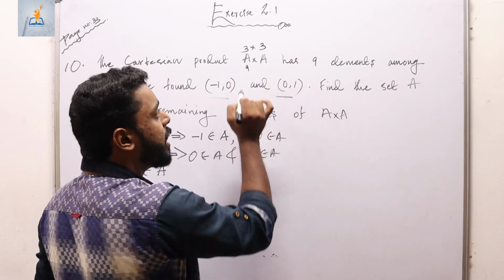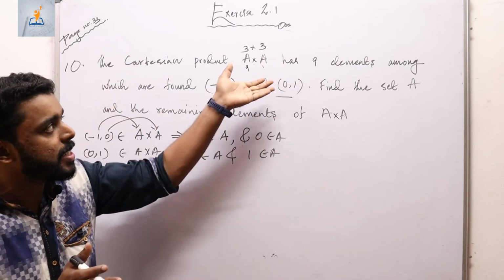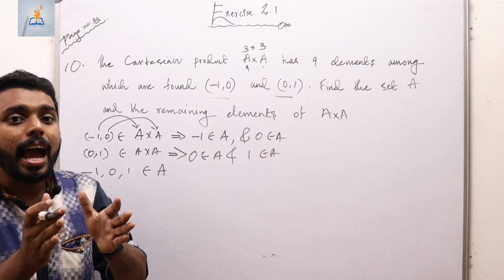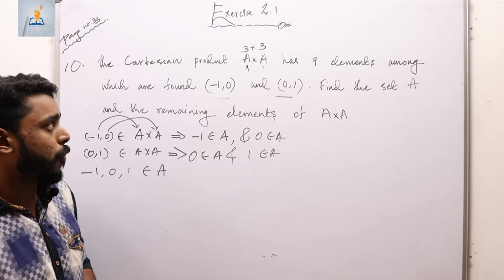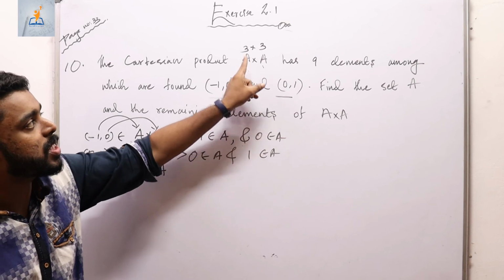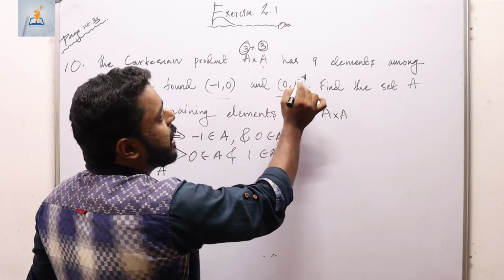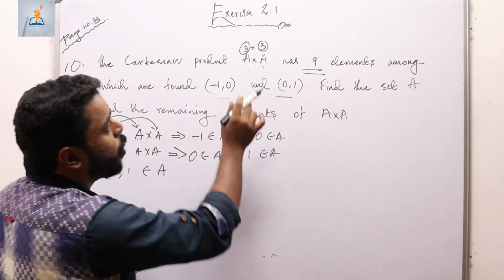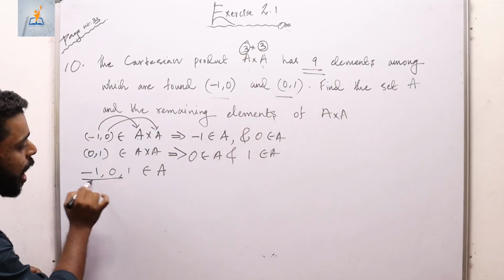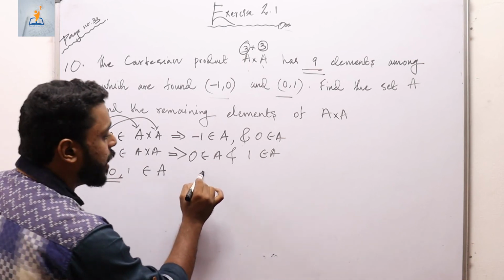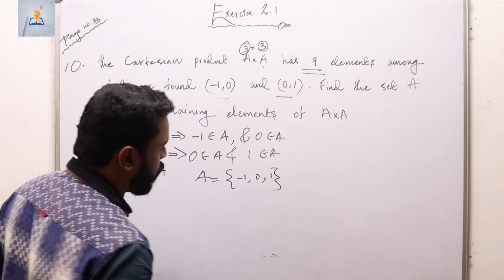Suppose A contains 9 elements, then the other must contain 9 elements too, since we are considering A cross A and both sets must contain an equal number of elements. So the only possibility for the number of elements in A is 3, and 3 times 3 gives 9. So the number of elements in A is 3, and we already have 3 elements in A. Therefore A is the set {-1, 0, 1}.